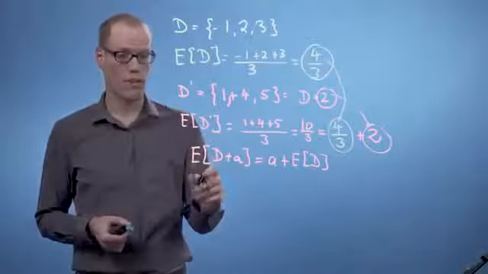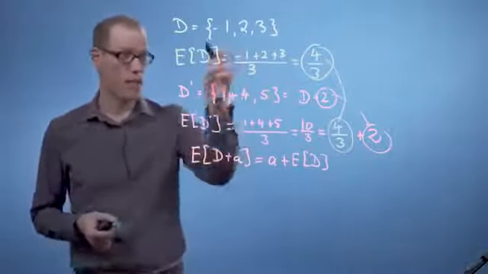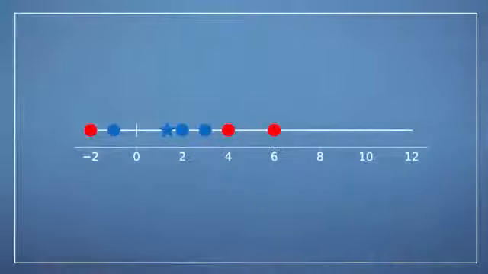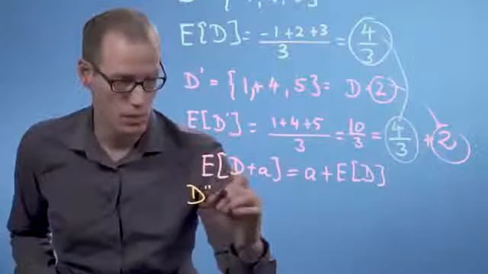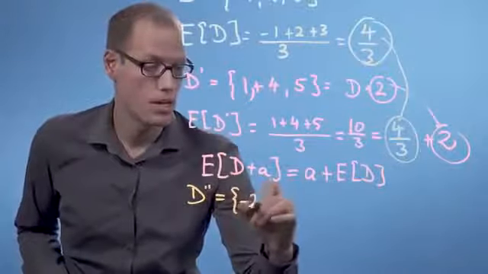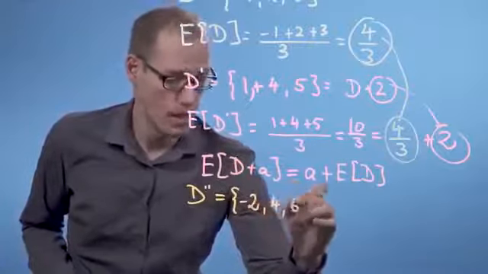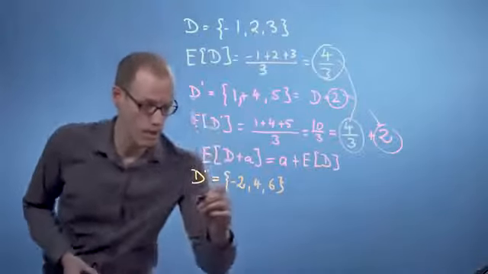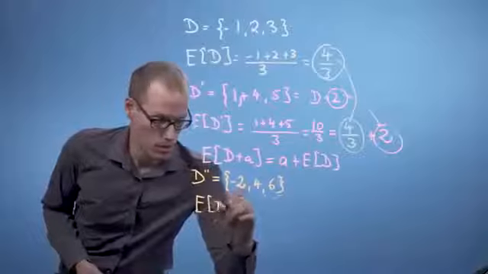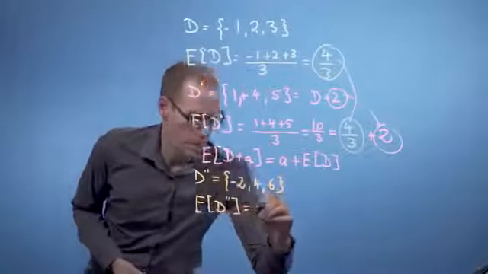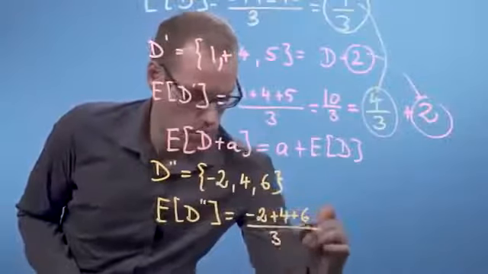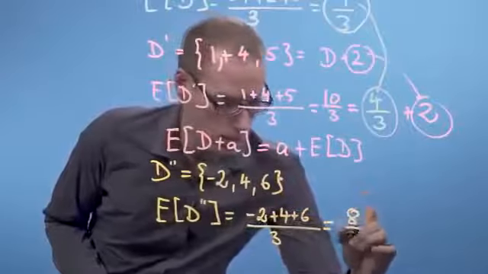Let's say we also stretch by a factor 2, and that means we multiply every individual component in the data set D by 2. So then we end up with this data set indicated by the red dots here, and we define D double prime to be -2, 4, and 6. And if we now compute the mean of D double prime, then we end up with -2 plus 4 plus 6 divided by 3, which is 8 over 3.